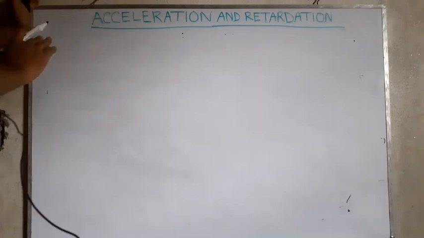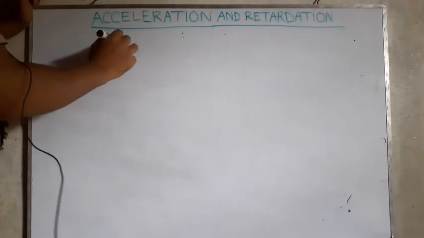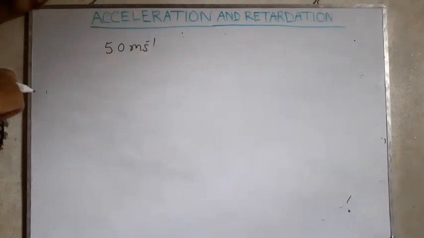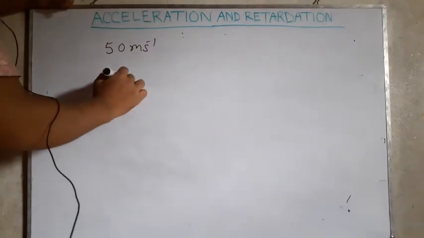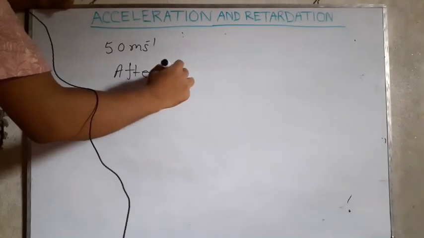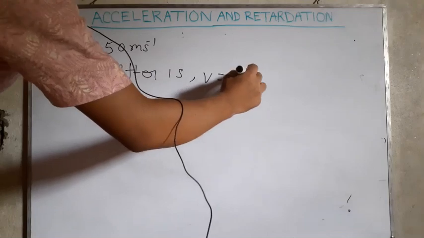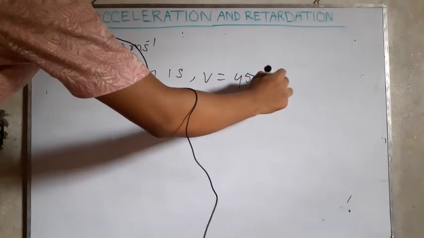Suppose the motorcycle was moving with 50 meter per second velocity. When pressed on the brake, after 1 second its velocity v is equal to 45 meter per second.